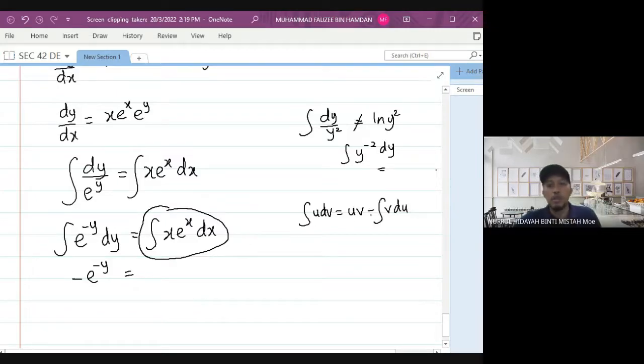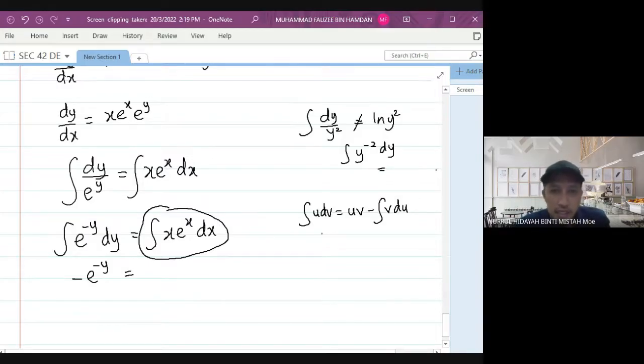This is the formula. So you need to choose what is your u and what is your dv, and make sure that when you choose u and dv, your integration becomes simple. You must choose u and dv that make your integration much easier, not harder.